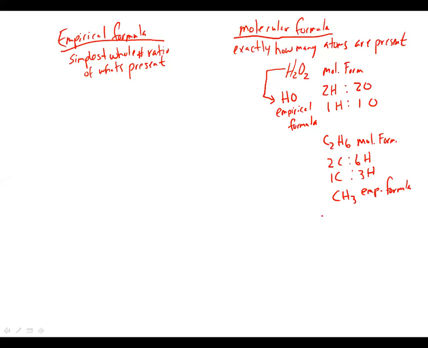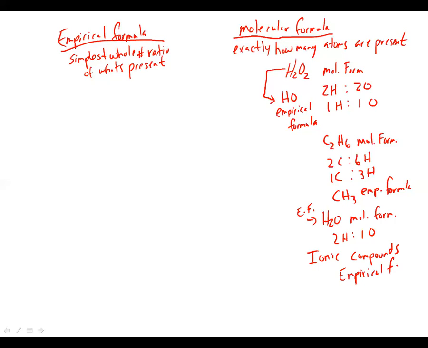Now, sometimes both the molecular formula and the empirical formula are the same. So for water, for example, this would be the molecular formula, and that's basically 2 hydrogens for every 1 oxygen. You pretty much can't go any lower than that, and that would be both the molecular formula and the empirical formula as well. Most ionic compounds that we come across, those formulas that we see are the empirical formulas.